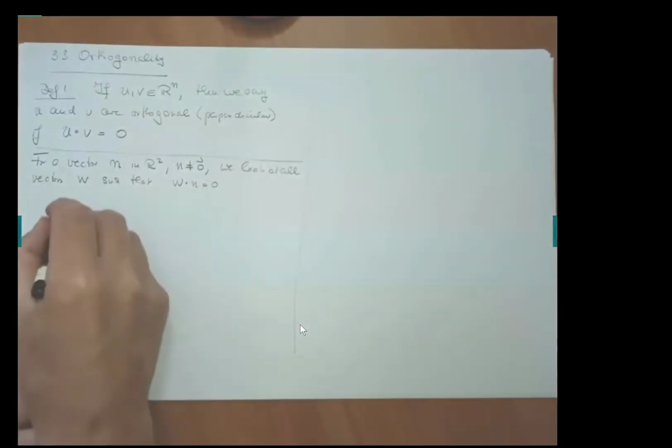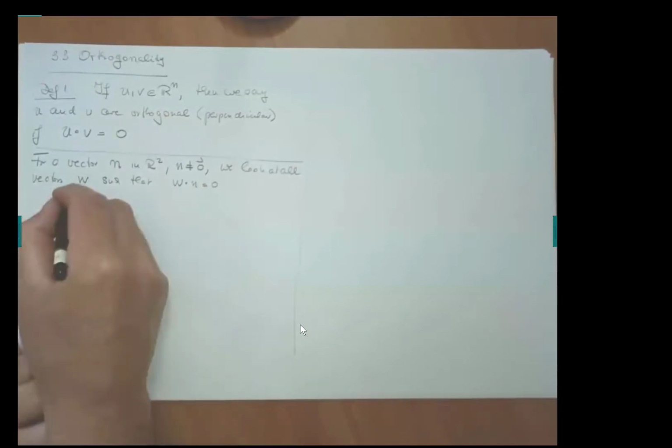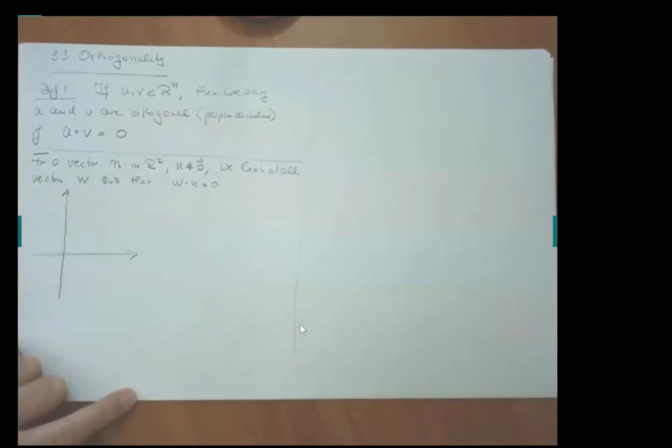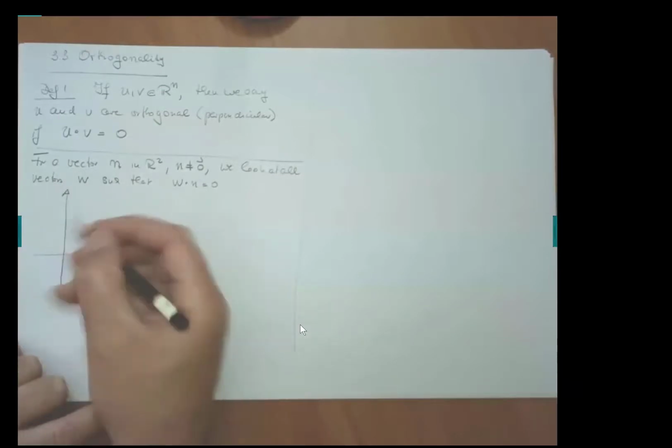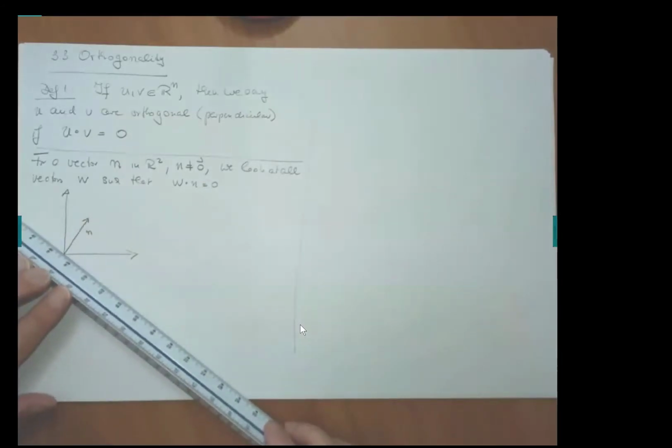So I make a picture for this. Let's say I just make up an n. For example, this guy is n. And now we take all the vectors that are perpendicular, have a 90-degree angle.